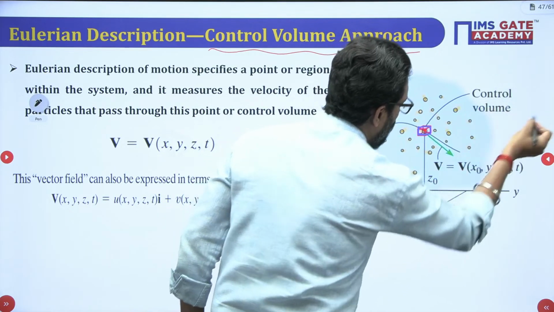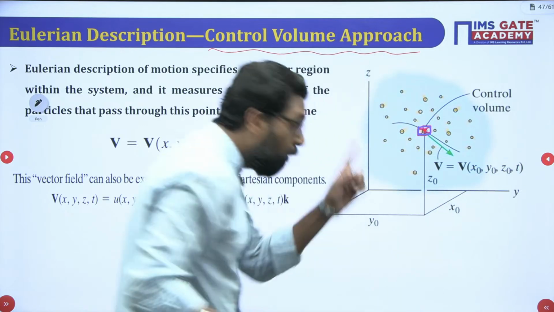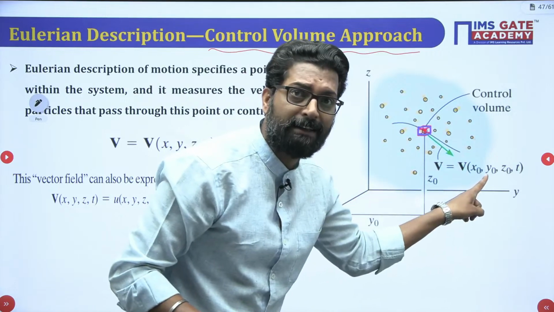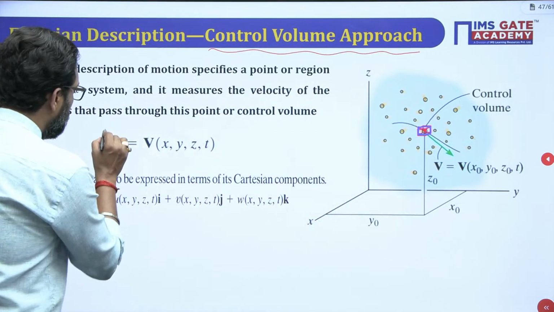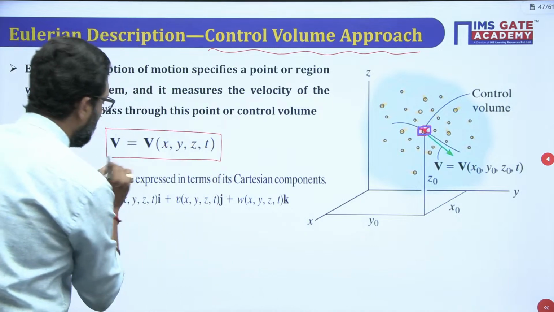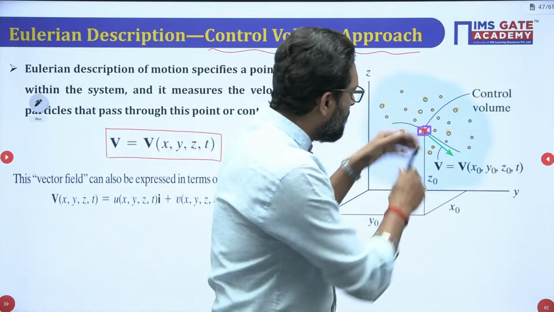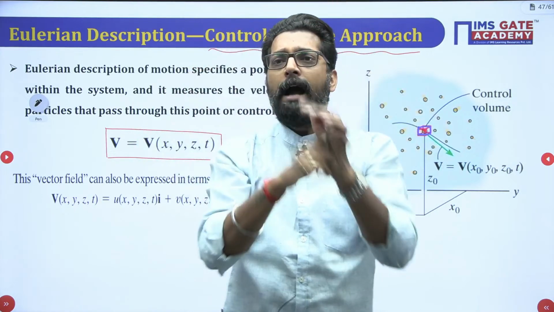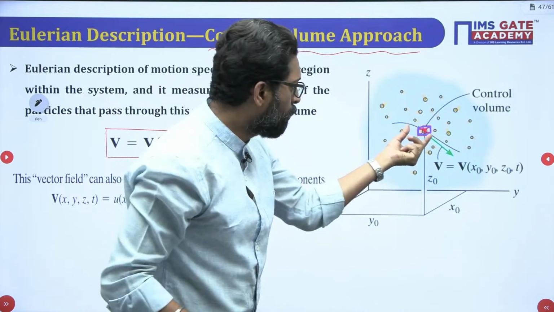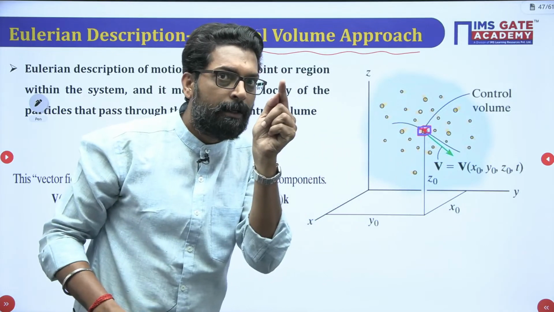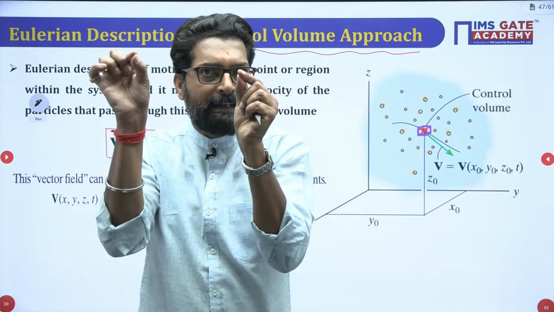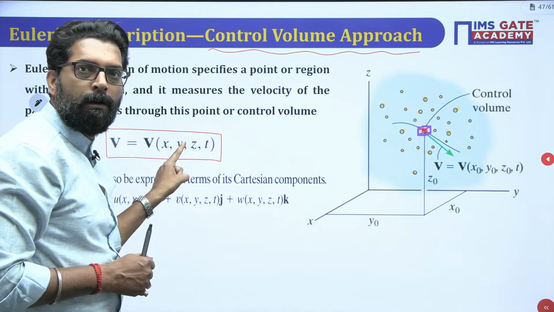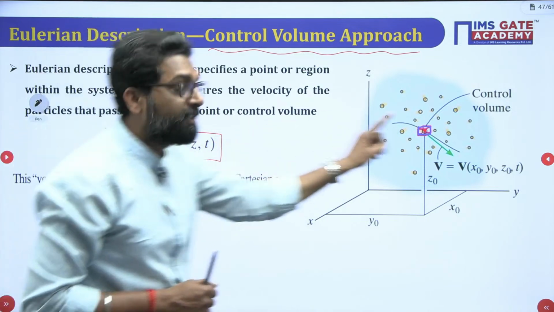So this is your control volume, and then you have to define the velocity. How is it defined? Here it is the position, because you can take any particle. You are watching a control volume and seeing the particles, whose position changes continuously with respect to time.